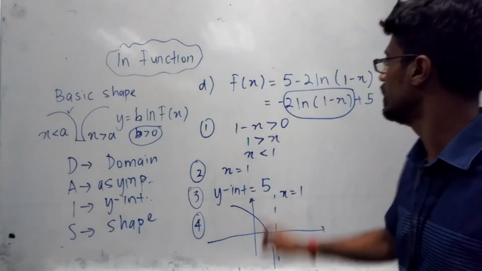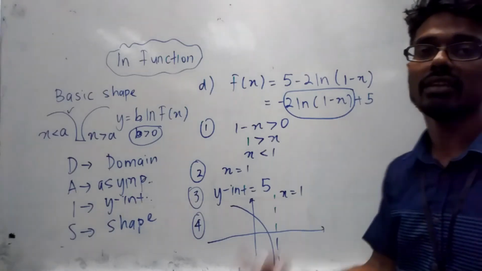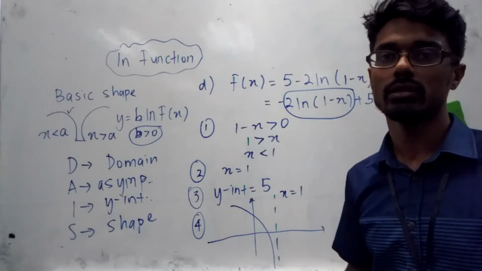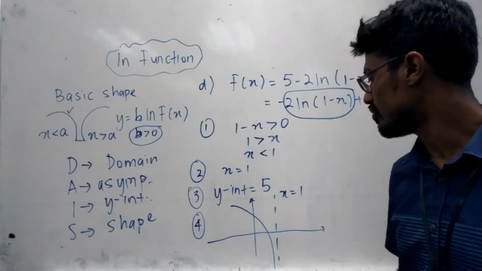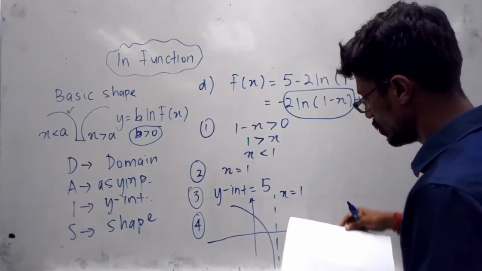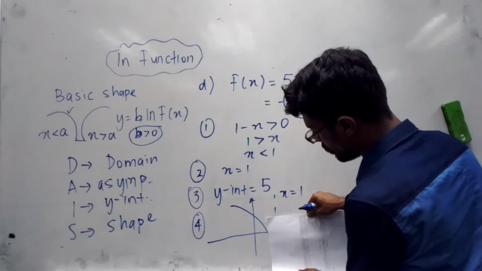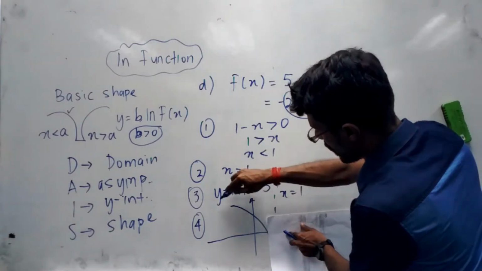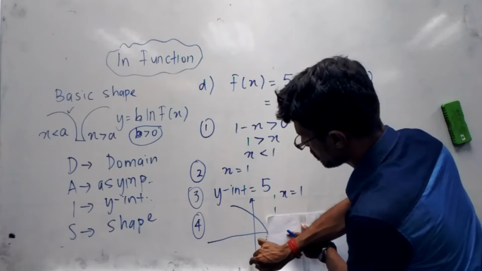But then I need to get negative 2 ln(1 minus x). As I already told you in the previous videos, the negative here implies you need to reflect about the x-axis. That is not difficult. I cover this part, you can see the up part of the graph. When we reflect, it's going to be something like that.